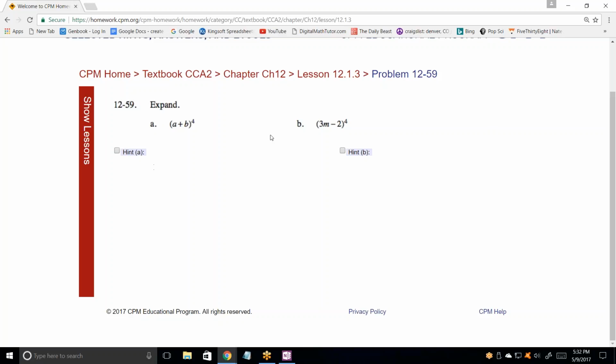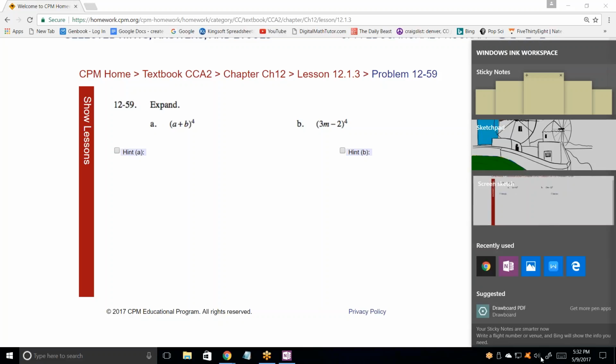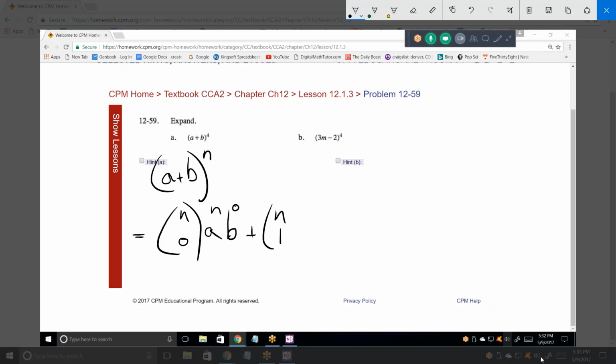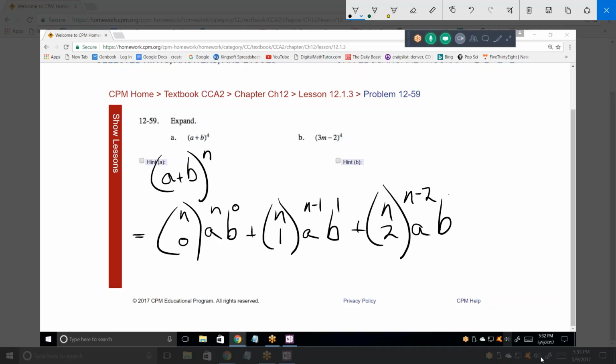If I have a plus b to the nth power, that is always equal to n choose 0 times a to the nth times b to the 0, plus n choose 1 times a to the n minus 1 times b to the 1, plus n choose 2 times a to the n minus 2 times b to the n plus 1.